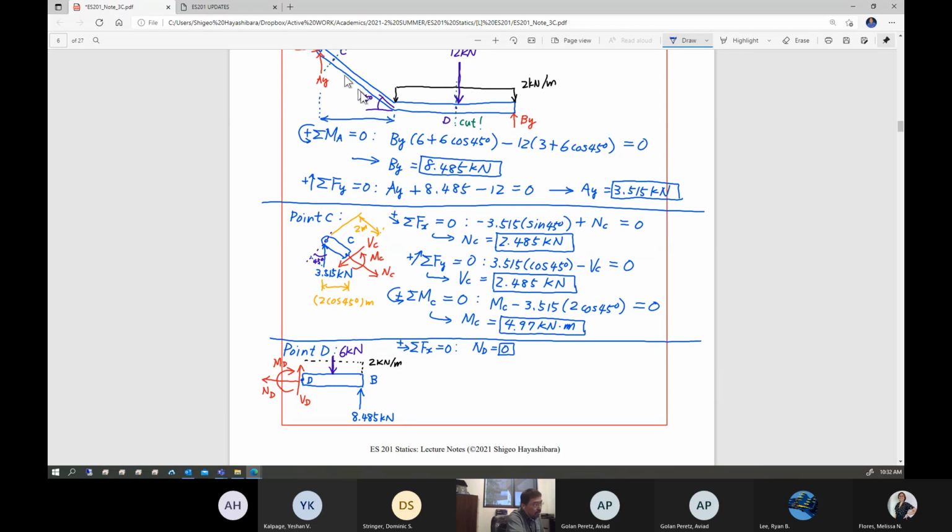This portion is not, so obviously you expect both normal and shear forces developed internally, but this portion is a beam, so normal force is 0. Interesting. And then summation of the force in y direction set equal to 0. This is positive direction. This is going to give you BD positive, 6 kilonewton negative, and then 8.485 positive.